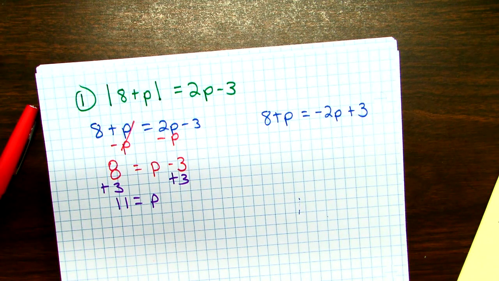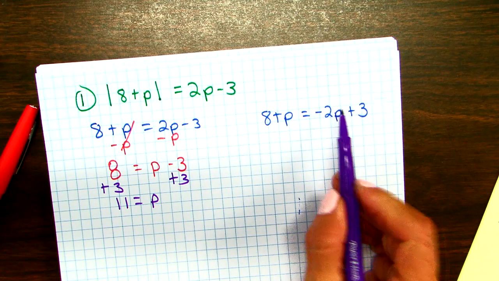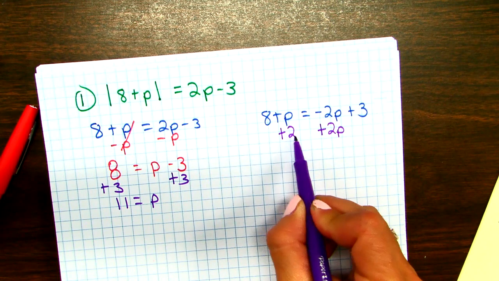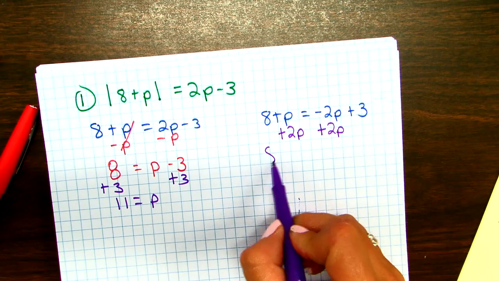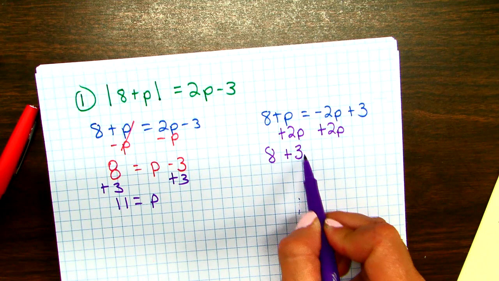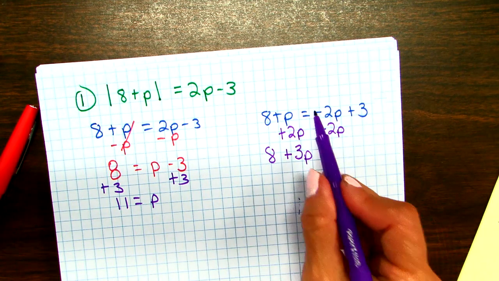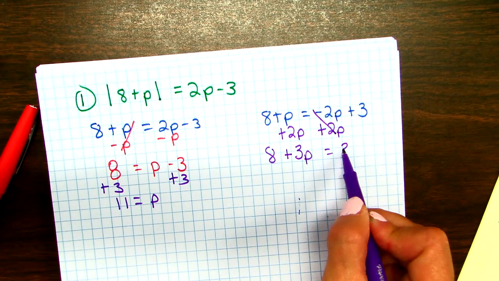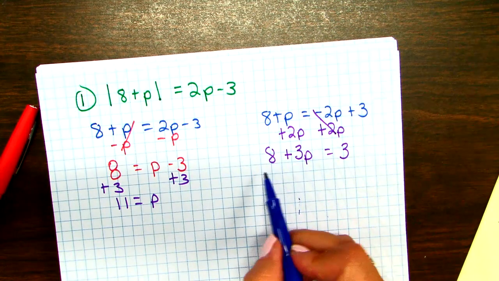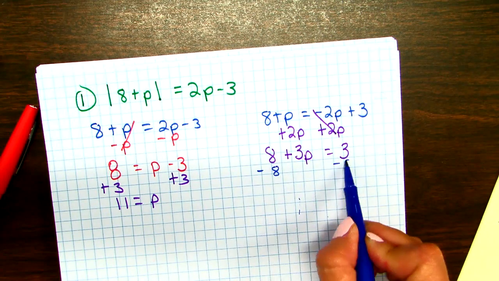Okay? Over here, I'm going to add 2p to 1p. So I have 8 plus 1p plus 2p equals 3p. We can subtract 8.